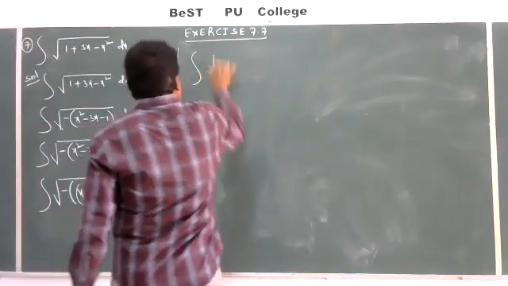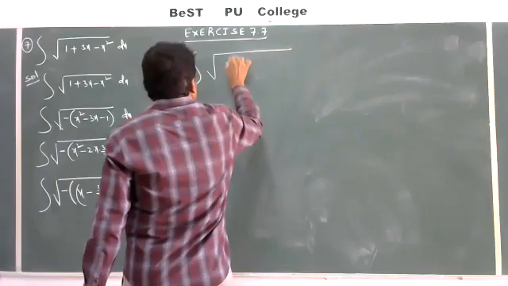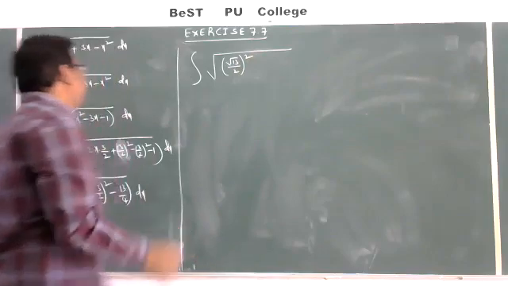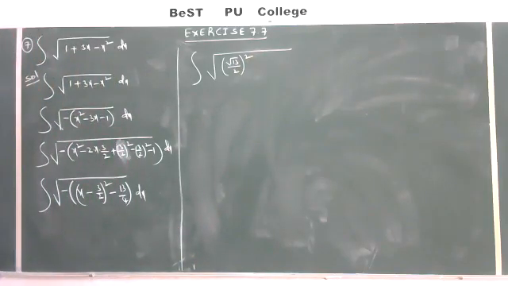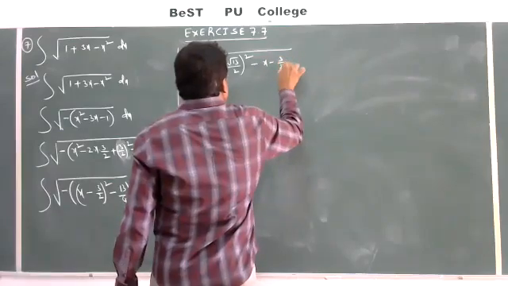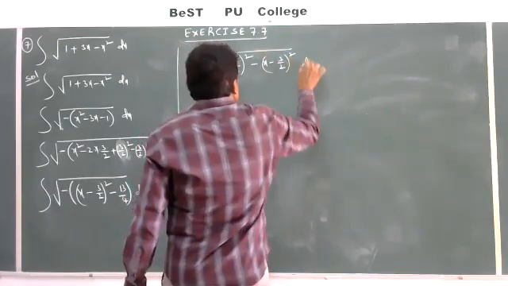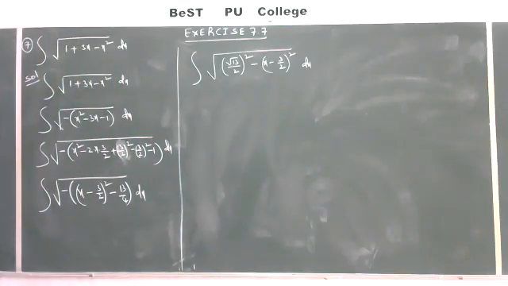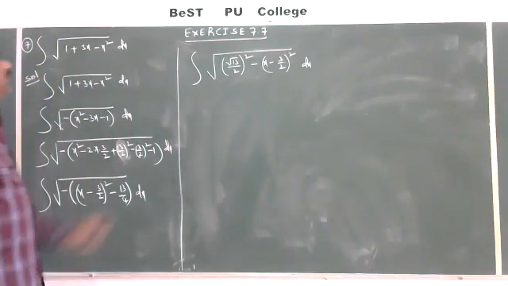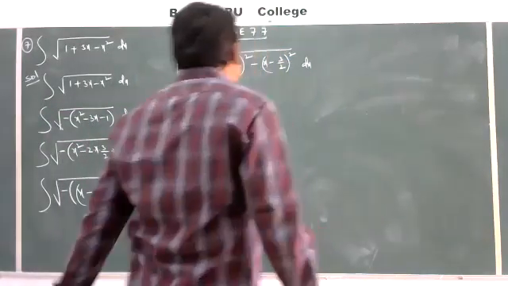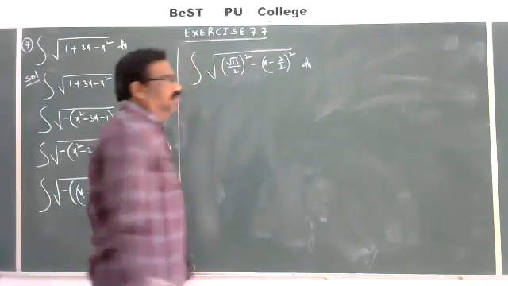That is integral root of root 13 by 2 whole square minus x minus 3 by 2 whole square dx. Here this is integral root of a square minus x square, so here x is x minus 3 by 2.